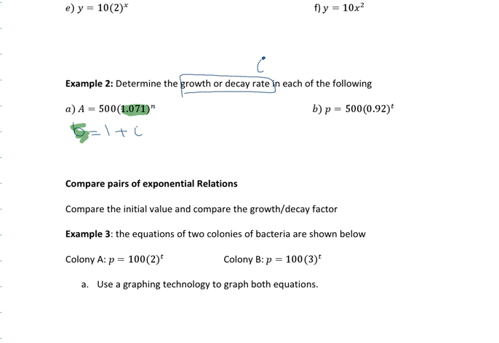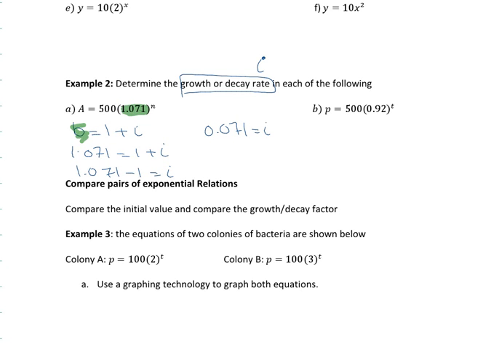So in order for me to find I, all I have to do is bring the 1 over and it becomes a minus 1. Right? So I know that B is 1.071. To solve for I, I have to bring the 1 over, so that becomes 1.071 minus 1, which is going to be 0.071. And because we know the rate is in percentage, we just have to multiply by 100.